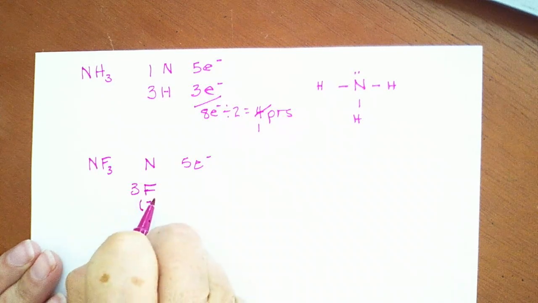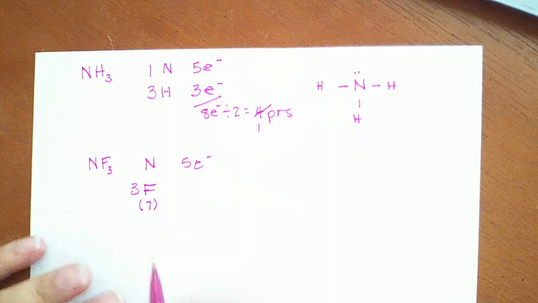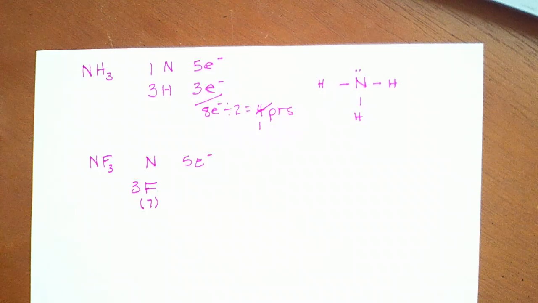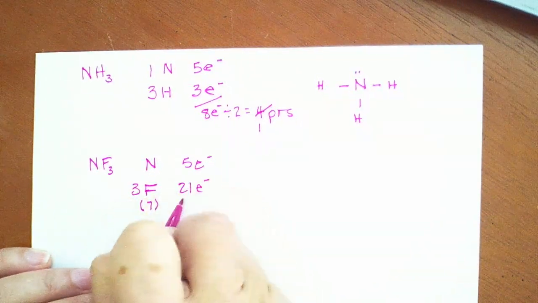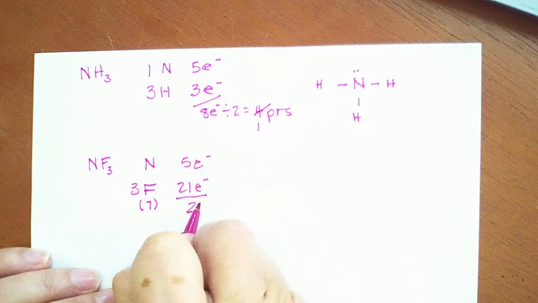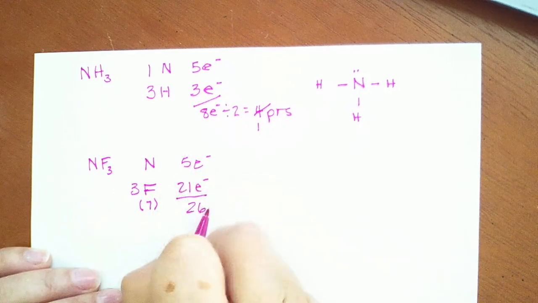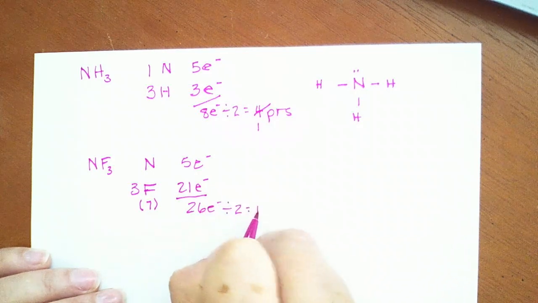If you don't know that, go to your periodic table and see how many electrons fluorine has. Each one has 7. So that's a total of 21 electrons, right? So that's a total of 26 electrons, divided by 2 gives me 13 pairs.